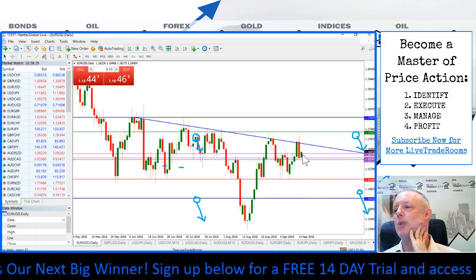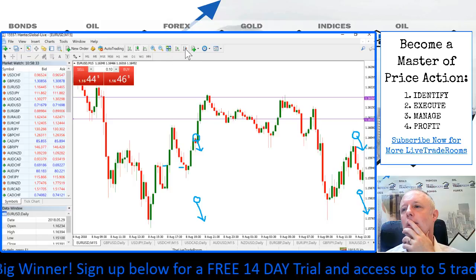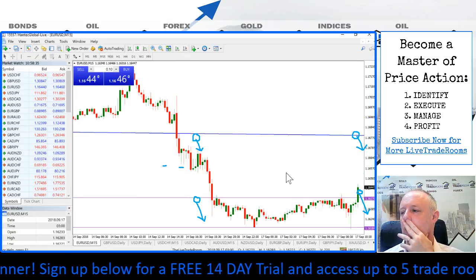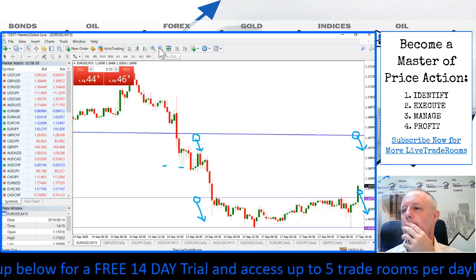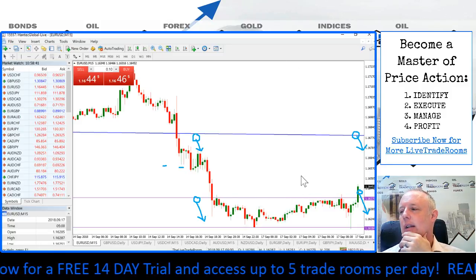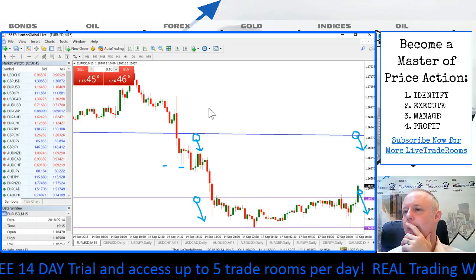A little bit of strength creeping into this market at these prices. There is an argument to suggest buying off this low.